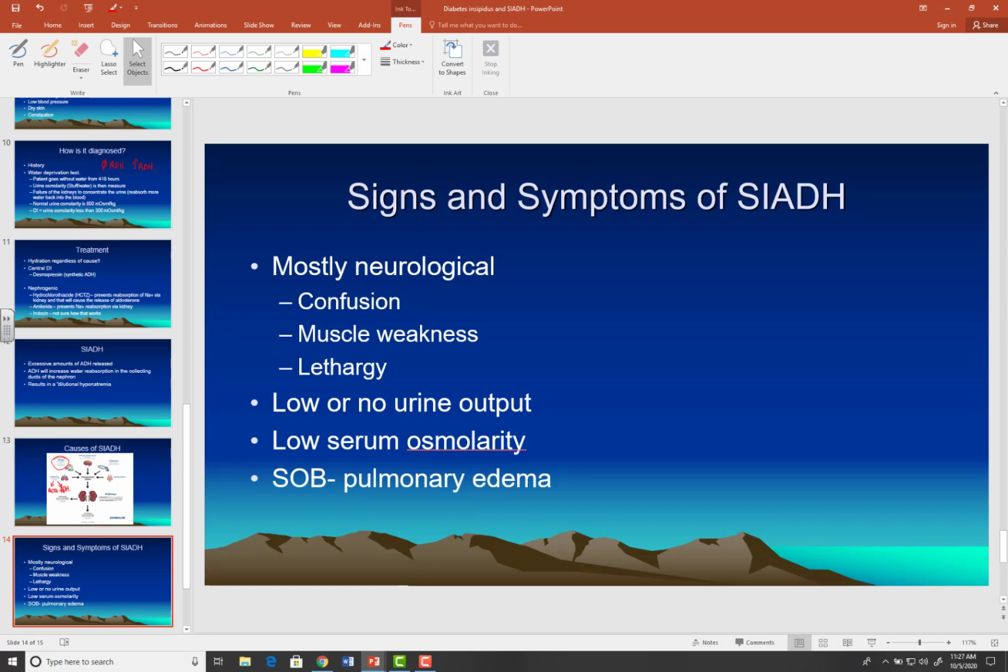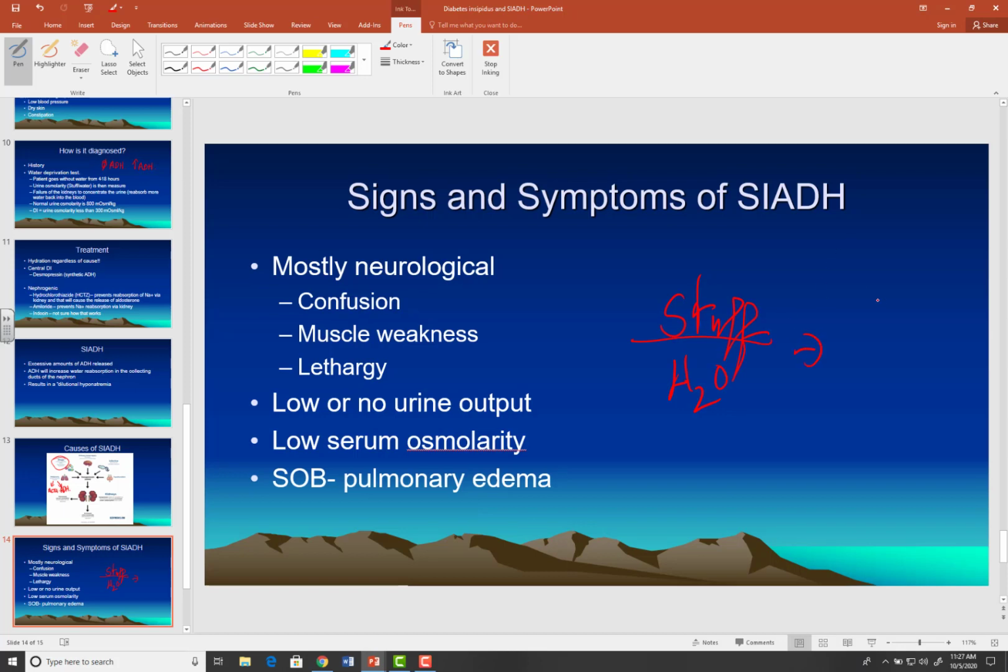And the reason there's low or no urine output is because you have that massive amount of ADH. And then they're going to have low serum osmolarity. Why? Because if you remember, osmolarity is the ratio of stuff to water.